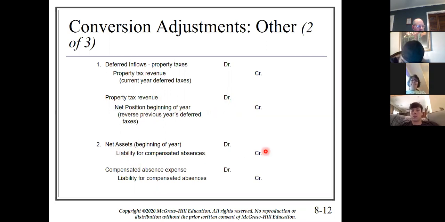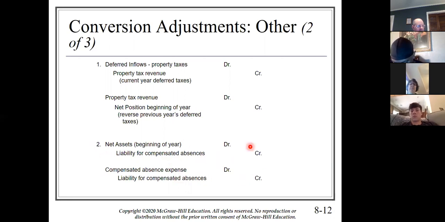Record the liability for compensated absences. Bottom entry is how it was recorded by business when they record this year's compensated absences.